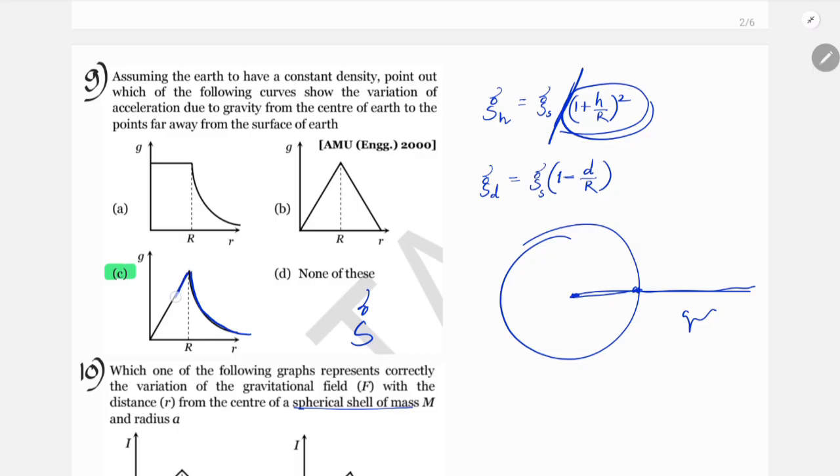Similarly when the depth increases, that leads to a minus value, indirectly decreasing. Already we discussed this. Now remember why you need not choose this one also. Here one is a straight line, the other is not a straight line. The reason is, when the height increases, this is a very important point.